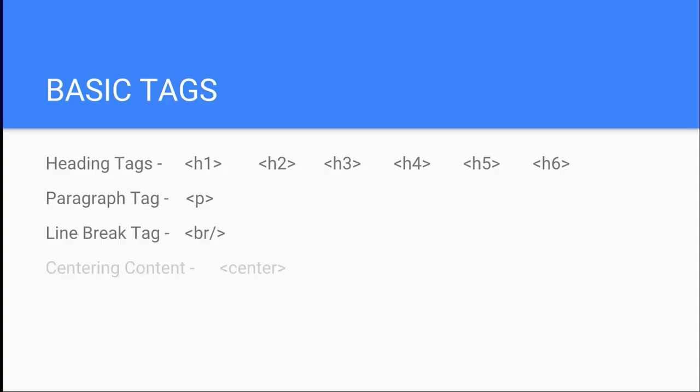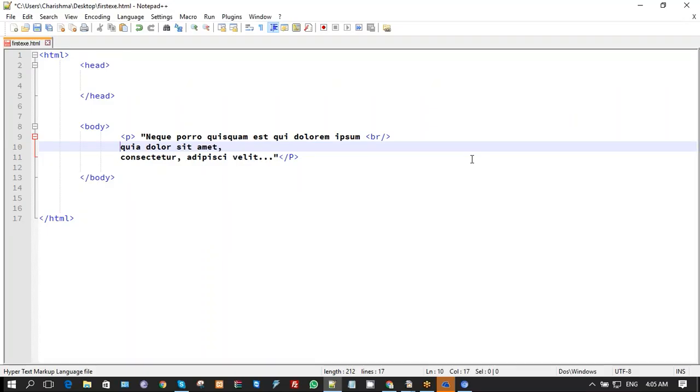And the next tag is centering content. The center tag. Let's try this too. We actually use this center tag to put a particular piece of content in the center of the browser. So let us put this piece of content in the center of the browser. To do that, we use a center tag.